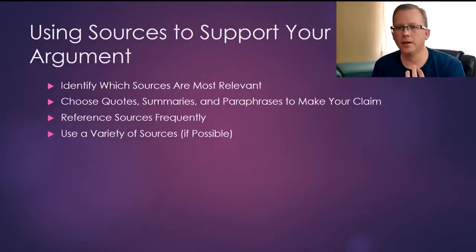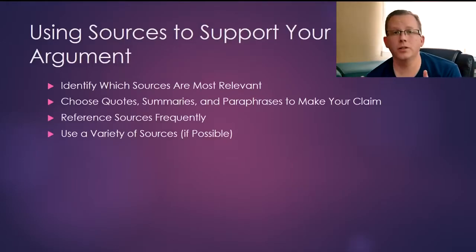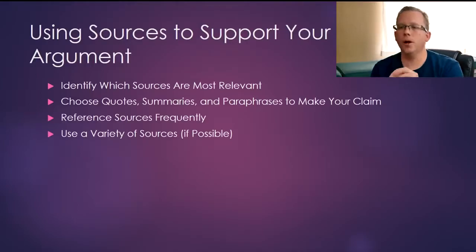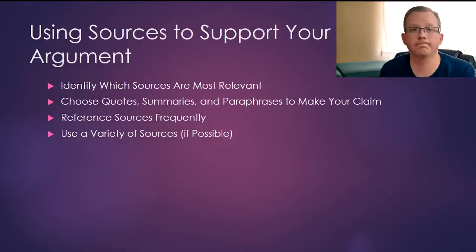That might be finding the best author. That might mean deciding which source is most current, so maybe the newest source, or whatever criteria you use. But you have to be able to decide which are most relevant and use the sources for their best purposes. Okay?